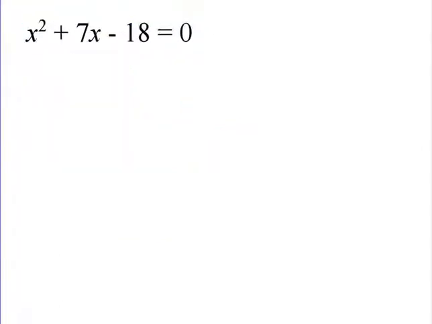Okay, let's look at one more, and we'll call it good for today. X squared plus 7x minus 18. So, parentheses. First term in each parenthesis is the x.